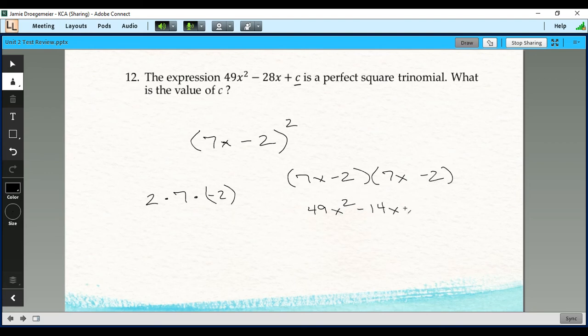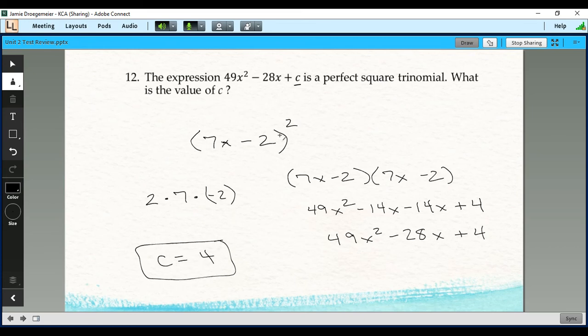Negative 2 times 7x is negative 14x. And negative 2 times negative 2 is a positive 4. When we add those middle terms together, we get our negative 28x. And so c in this case would need to be 4 to make that a perfect square trinomial.